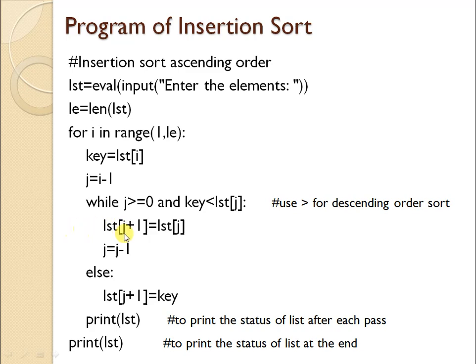When you move to the left, if you find a particular element greater, you shift that element to its right. That's why this is J plus 1 and this is J, and you keep on going to the left. After you have reached either of the two stopping conditions, you should place your selected value at its correct position. That's how you get the sorted list.